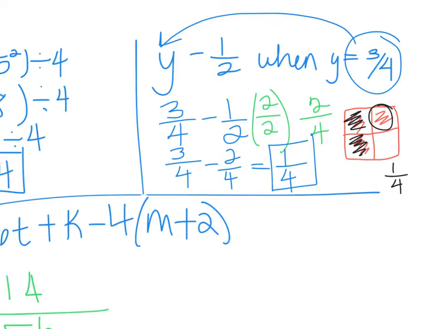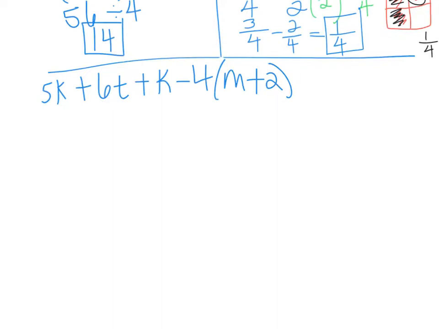Alright, last problem that we're going to go over. I have 5k plus 6t plus k minus 4 times m plus 2. So we just need to simplify this. So I'm going to leave 5k plus 6t plus k alone.